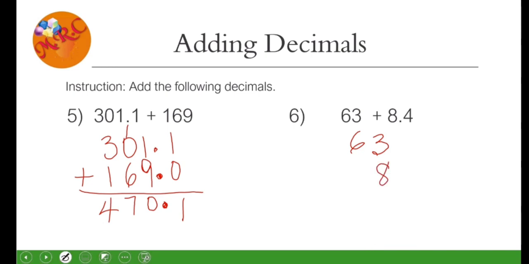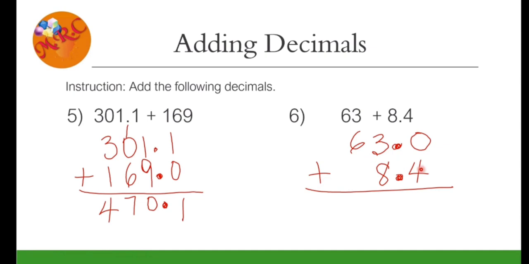So our 8 goes right there, and then there goes our decimal point, and then the 4 is in the tenths position, so we're going to go with the 4 right there. So we're aligning. If you look at the 63, it does have a decimal aspect, right? So we can go ahead and put a decimal point here, and then we can add a placeholder right there. Good. And we can go ahead and add.